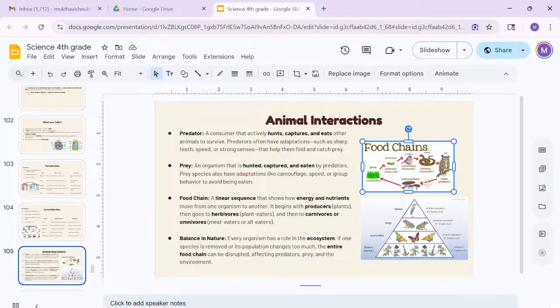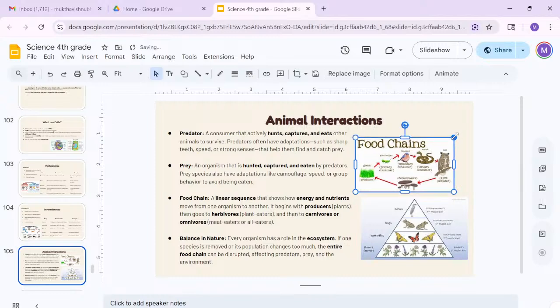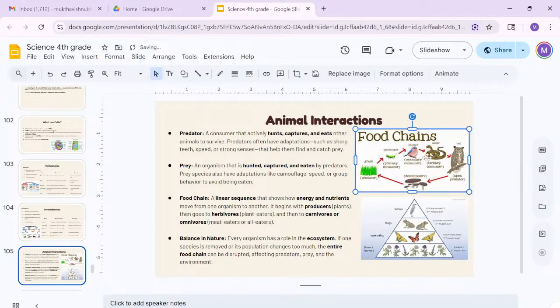They die, and their body gets decomposed, and then the process repeats where producers are grown from the decomposed matter. You can see the image here of how food chains look.